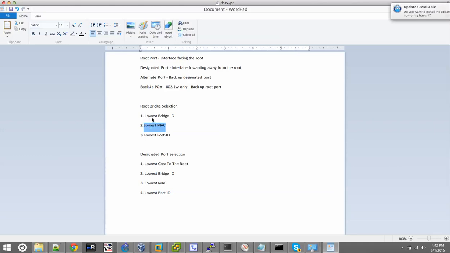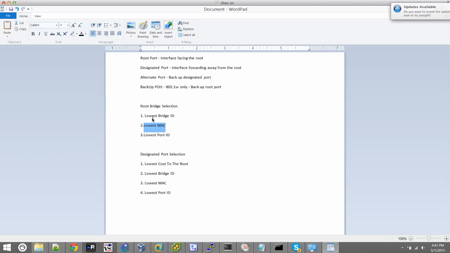So if you have three switches that have the default priority of 32768, that's the bridge priority piece of the ID, and if that is the same, it automatically looks at the MAC address portion of that bridge ID.